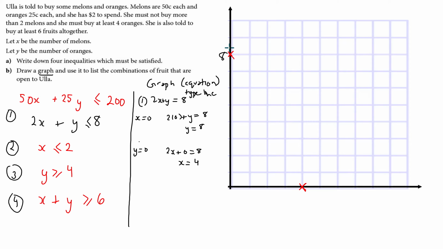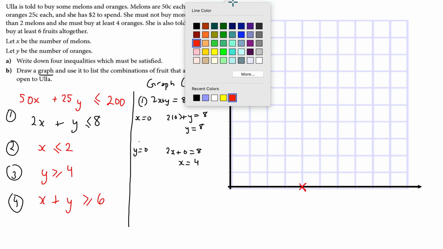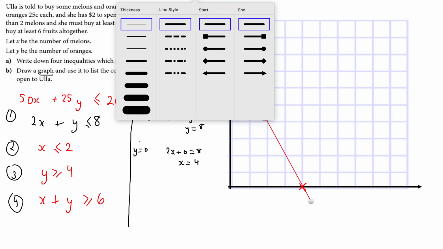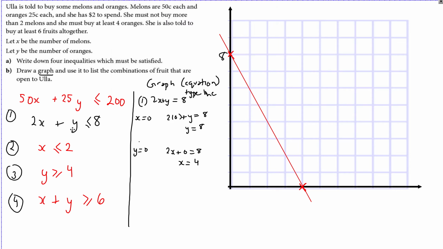So the dotted line means that the line is not included in the set of solutions. I'm going to color code each line I graph. So this is the first line, and the trick is just to substitute x equals to 0 and then substitute y equals to 0.